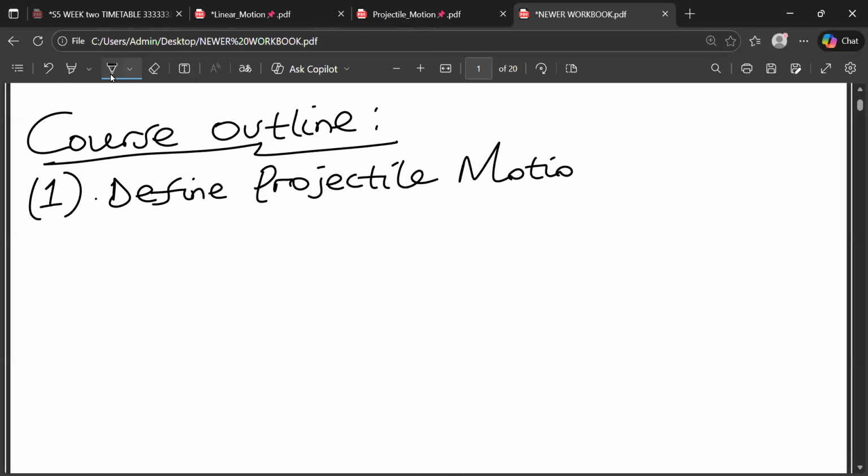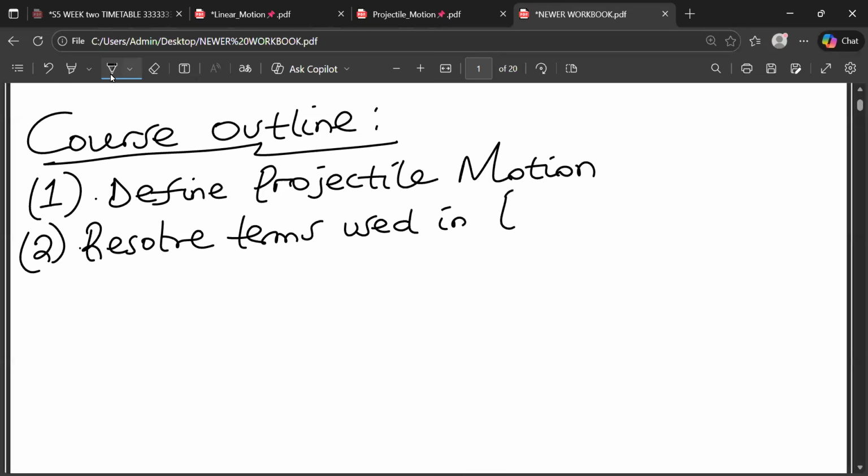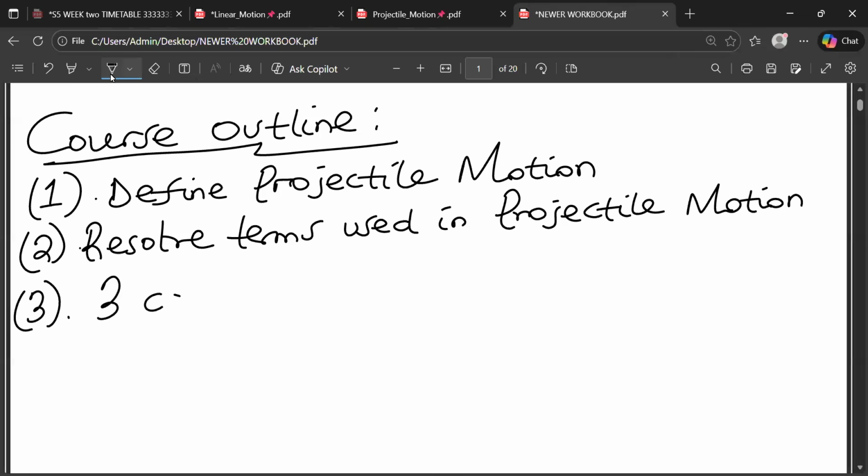We need to know what projectile motion is. Then we are supposed to resolve the terms used in projectile motion. And after that, the third thing, we look at the three cases.